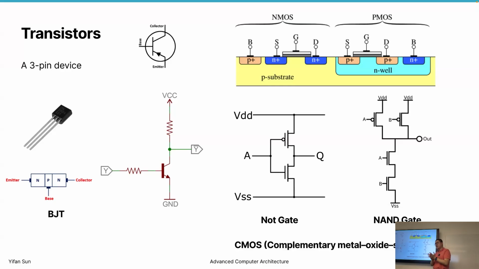Switching the state means some electrons go from here to there, so there's some energy consumption to switch these gates, these switches, on and off. Those are dynamic energy. Static energy and dynamic energy are the two parts of energy consumption. Summing up these two parts is the total energy consumption of a chip.